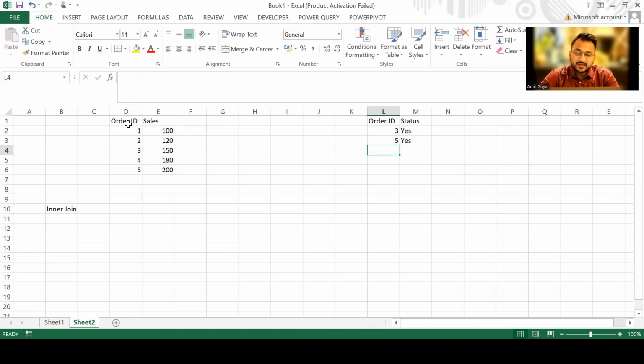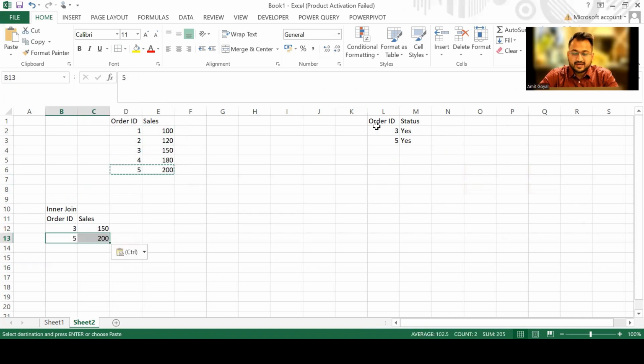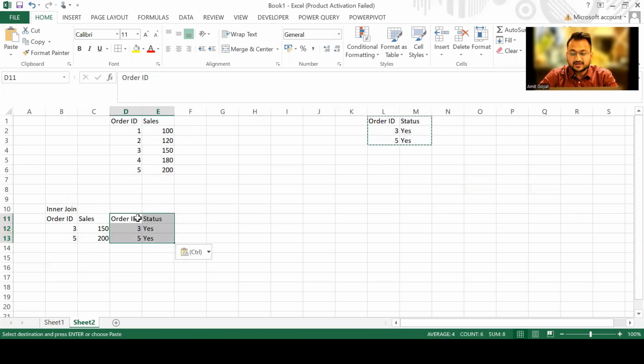So if I make an inner join, my output is going to look like this. I will get the data of 3 and I will get the data of 5, and 3 and 5 will come from here as well. In this particular case, I can make an inner join also, or I can make a right join. Because what does a right join do?